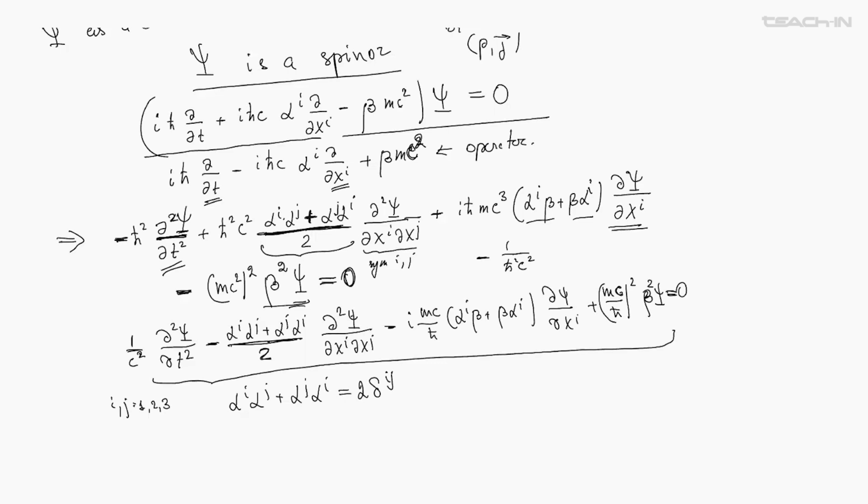Then you need to require that alpha_i beta plus beta alpha_i is equal to 0. Then it will remove the term with the first derivative. And finally, to get the standard Klein-Gordon equation for a particle of mass m, you need to require that beta squared is 1.